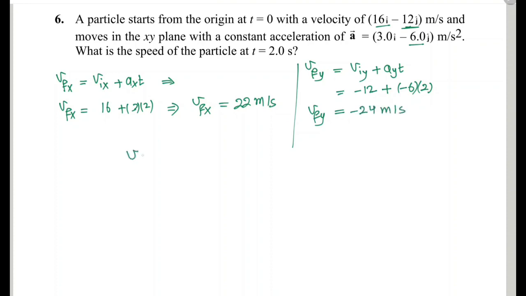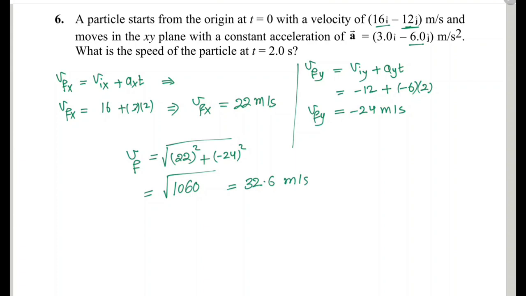Now, the speed equal to the square root of 22 squared plus minus 24 squared, or equal to 32.6 meters per second.